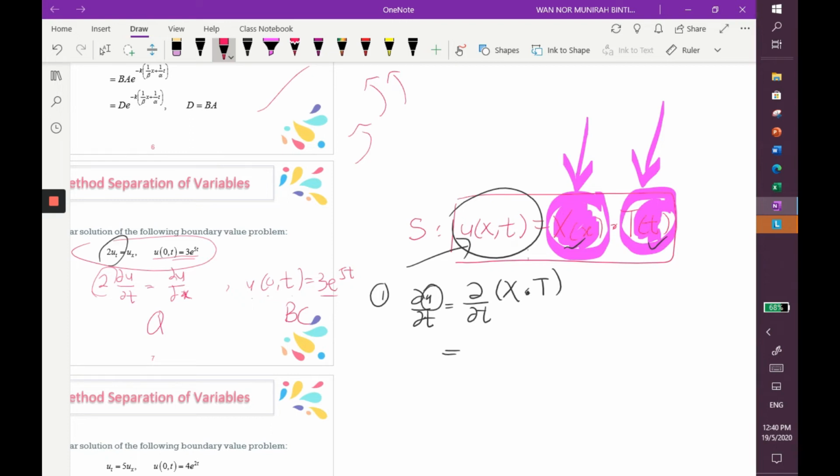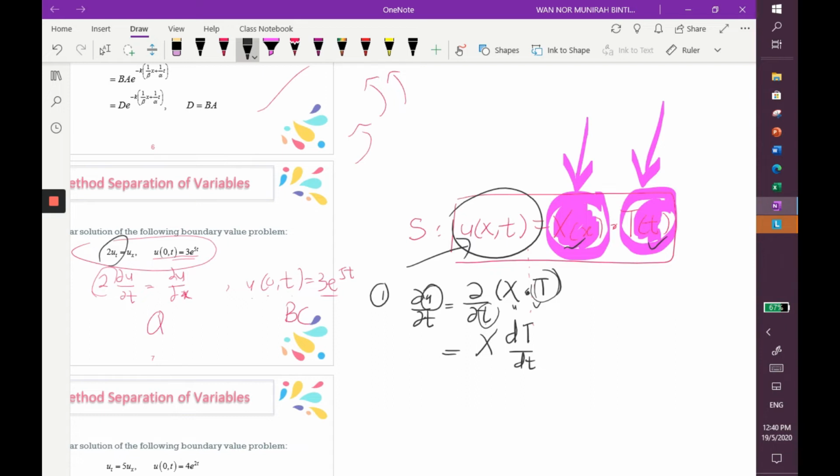So I just apply the product rule. This one is uv. Remain your u, differentiate v, plus remain your v, differentiate u. Remain X, differentiate T with respect to small t. When you differentiate capital T with respect to small t, that is not 1. It cannot be 1. That is dT, because this capital T is a function of time.